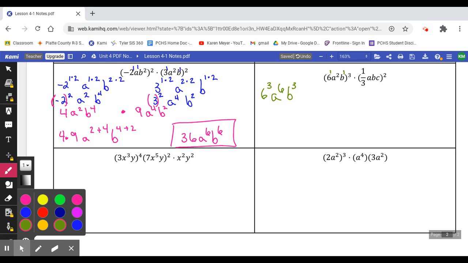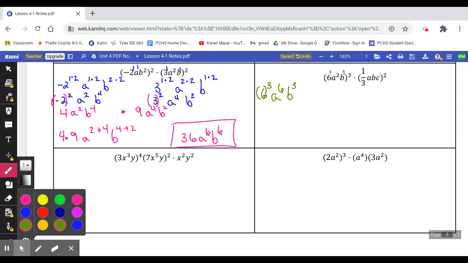Next thing I would do on my calculator is take 6 raised to the third power. So on your calculator, you're going to take 6 times 6 times 6. Or if you want to use the caret key, then make sure you go ahead and use the caret key on your calculator as well.